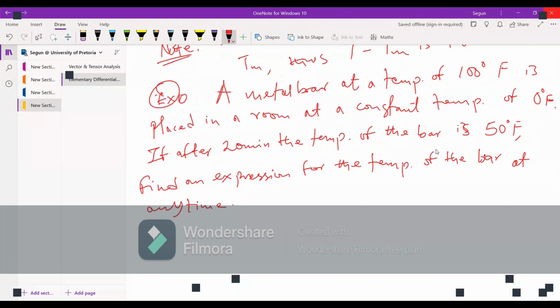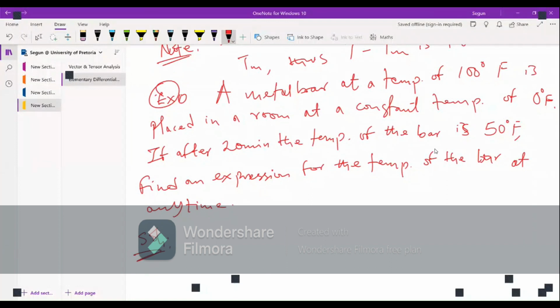For us to solve this problem is a very simple solution. The first thing you need to know is the surrounding medium is the room temperature. Like I told you the other time, where they place something will determine the surrounding medium.